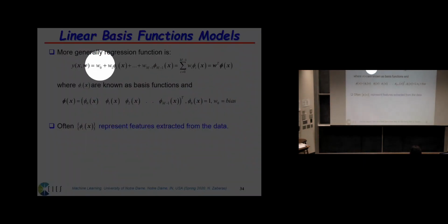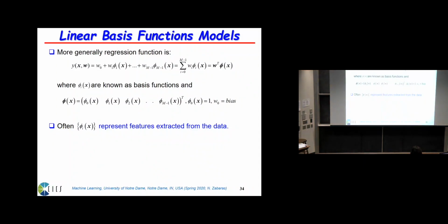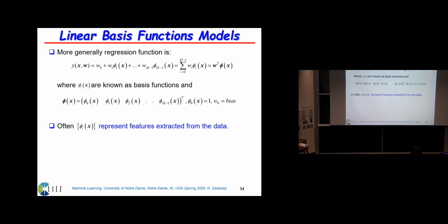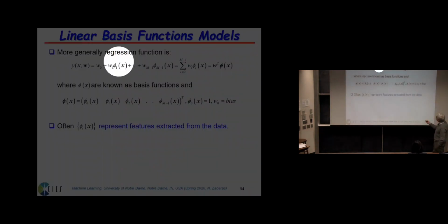The coefficient W0 is very important, and it's called the bias term. When we do these regression models, you have to treat it a little bit carefully. When you penalize the model for complexity, you need to penalize the coefficients W1 to Wm minus 1, not W0.